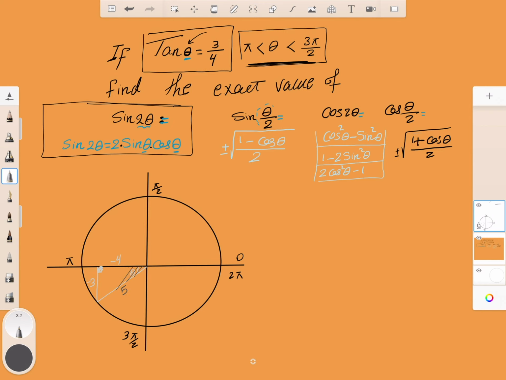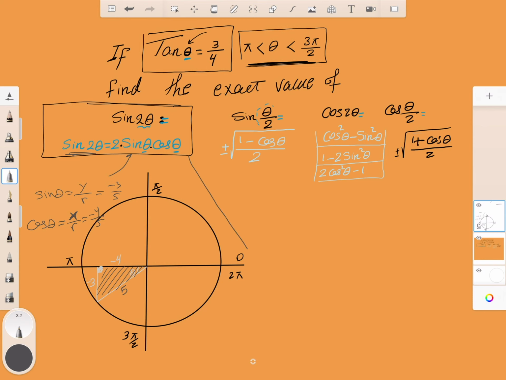So in order to calculate this, we need sine of theta. Sine of theta is y over r, which is -3/5. Cosine of theta will be x over r, which is -4/5.